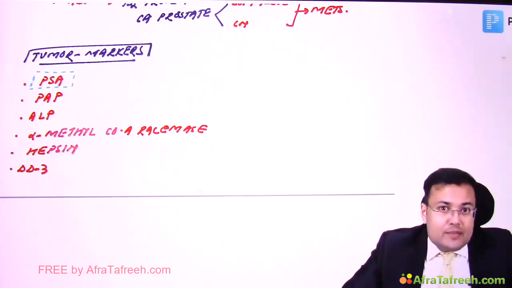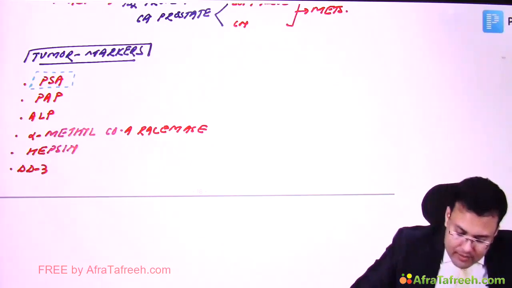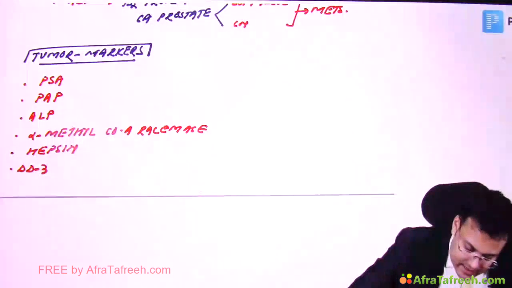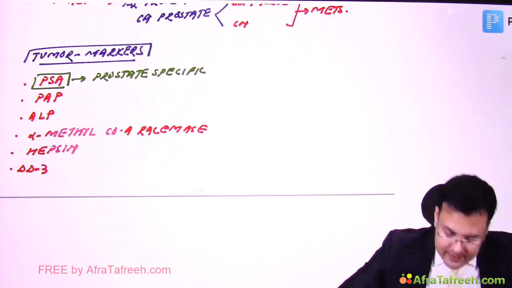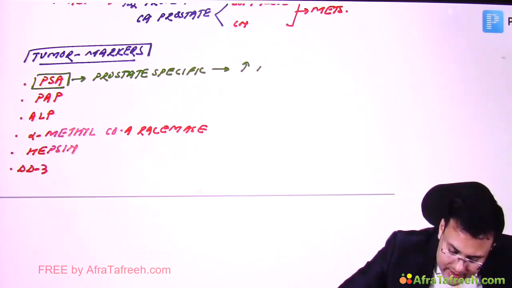Why? Because it is prostate specific. So the first important point related to PSA: it is prostate specific, not cancer specific. And since it is prostate specific, it is raised in benign conditions also.